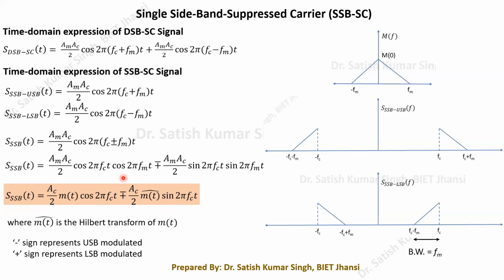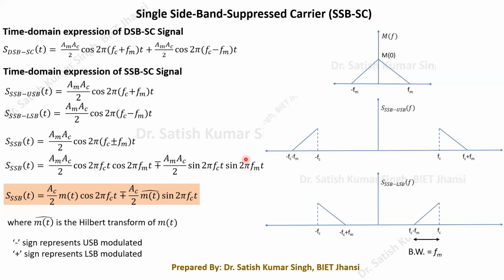So how to find the Hilbert transform of any function if it is given, like if we have any arbitrary function x(t), then how to find the Hilbert transform x cap t. So this is representing the Hilbert transform. m cap t is nothing but, here it is Am sin 2 pi fmt, which is a 90-degree phase shifted version of the message signal.